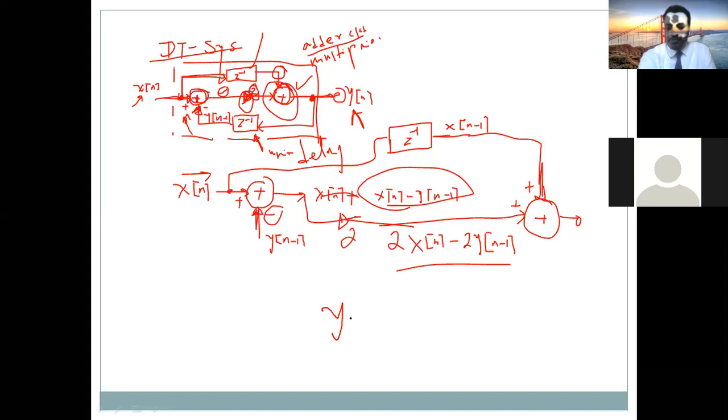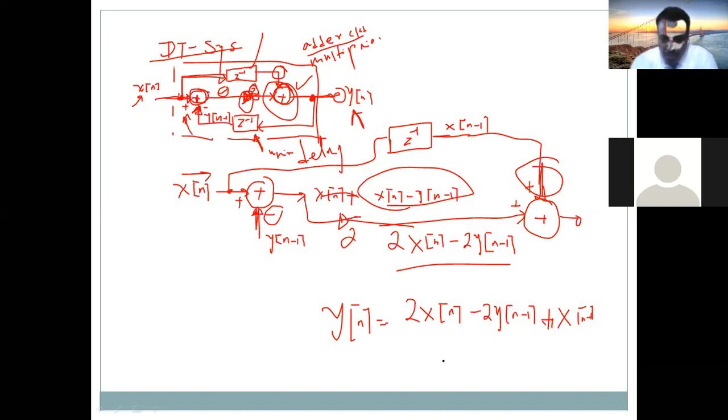The output y of n will be: the signal that comes from this side, which is 2 times x of n minus 2 times y of n minus 1, plus another signal from this side, which is x of n minus 1. In this equation, y is output and x is input.